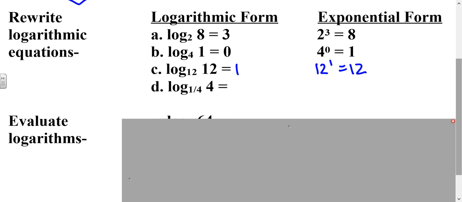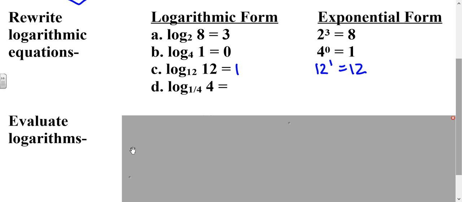Let's try another one. This one's a little bit trickier. This time I have the base, the answer, and the power. So my base is 1/4, and my answer is 4, and I have to come up with the power. Because it's a fraction, the only way to move my 4 up to the top would be to have a negative exponent right here.